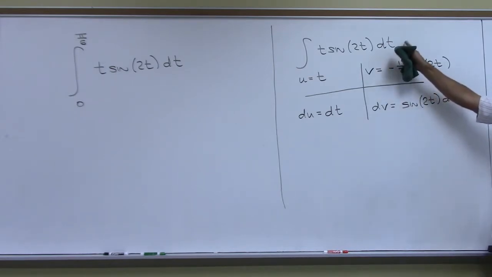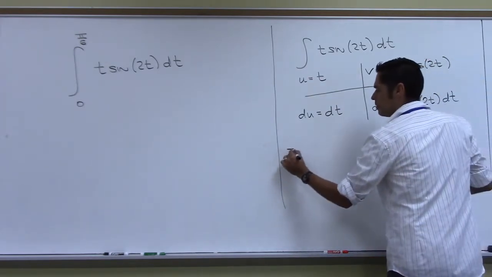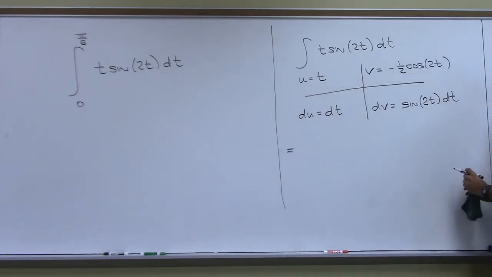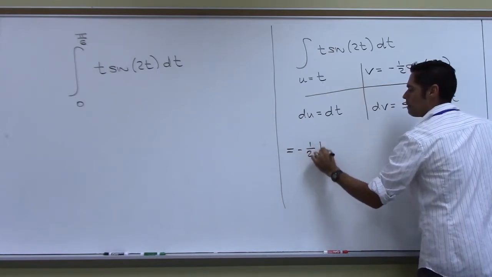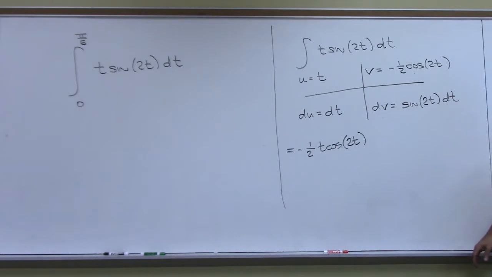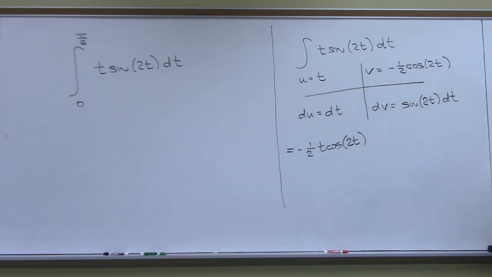So this integral, after ultraviolet minus voodoo, becomes this times this. So I put the negative 1/2 in front of the t, and then I wrote the cosine 2t.